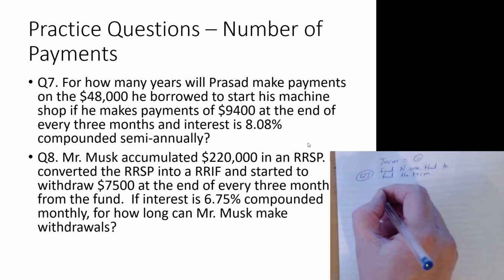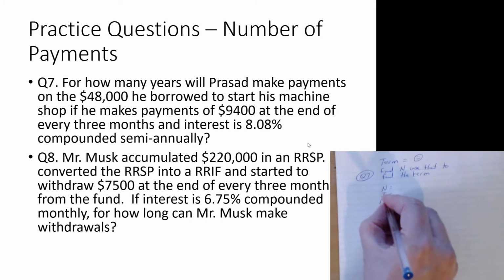Okay. So, how many years? He makes payments on the $48,000 you borrowed to start his machine shop. He makes payments of $9,400, so an equal amount at the end of every quarter. Interest rate is 8.08%. So we have ourselves an annuity because we have regular payments at a regular interval.